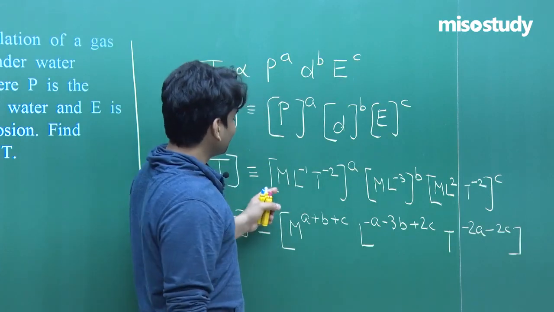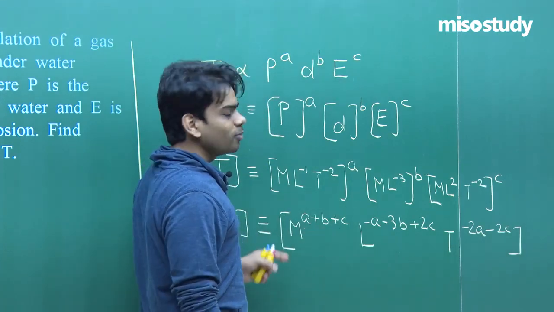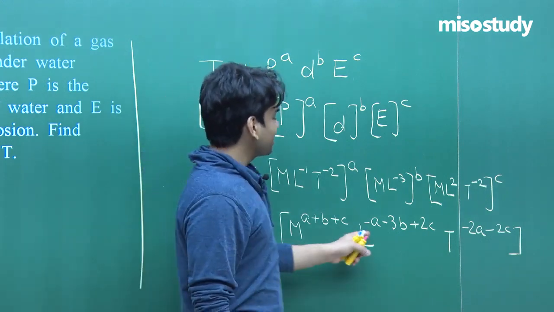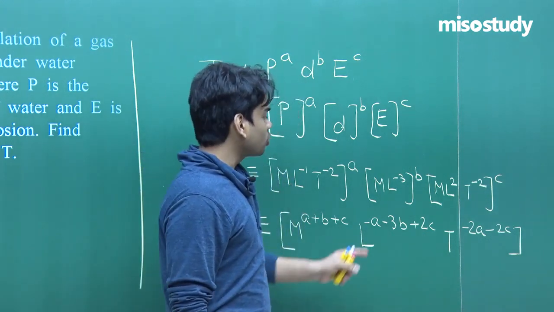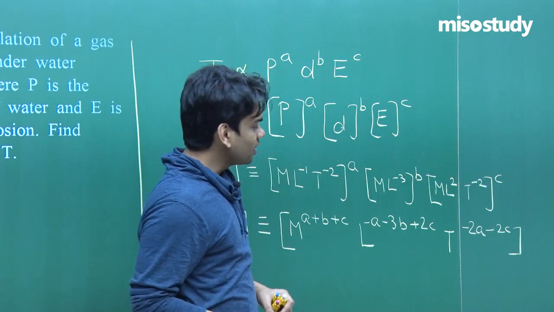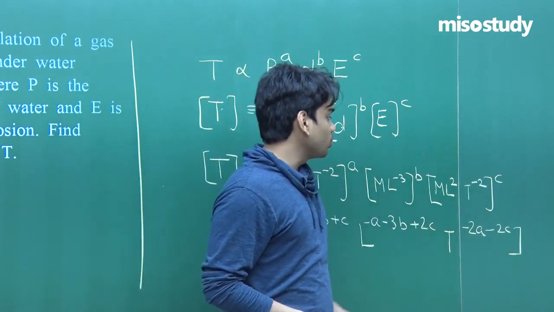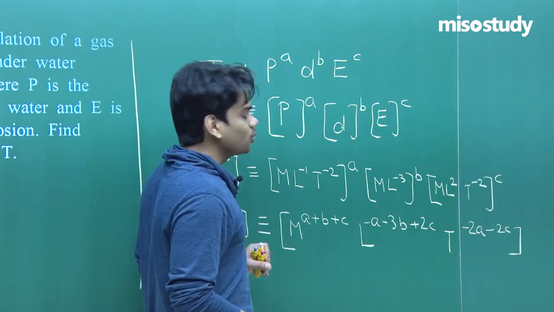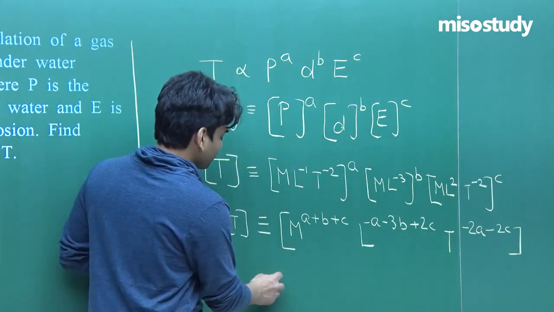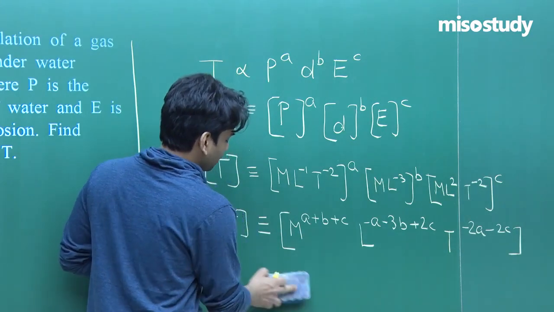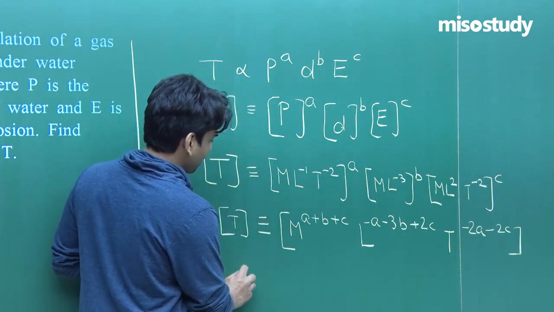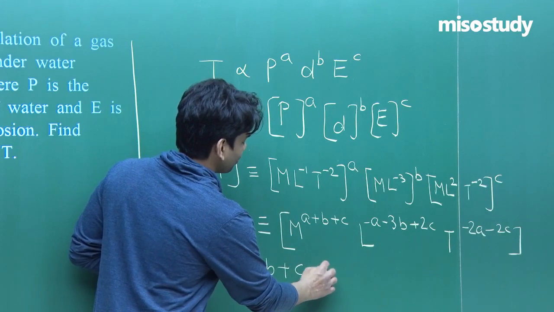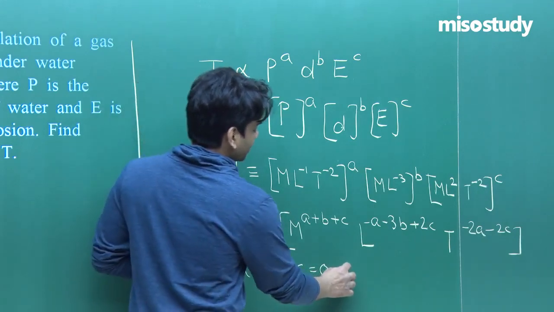From here you can see that A plus B plus C will be equal to 0, as there is no M factor at the left hand side. Then minus A minus 3B plus 2C should also be equal to 0. And minus 2A minus 2C should be equal to 1, because the time factor should be equal to 1. So comparing the coefficients, we have A plus B plus C equals 0, first equation.